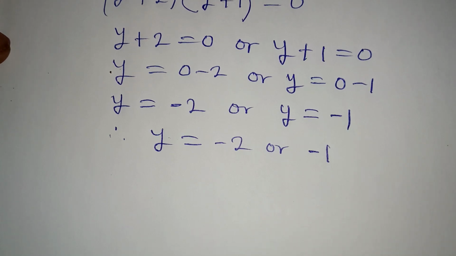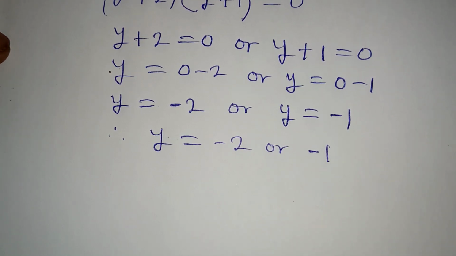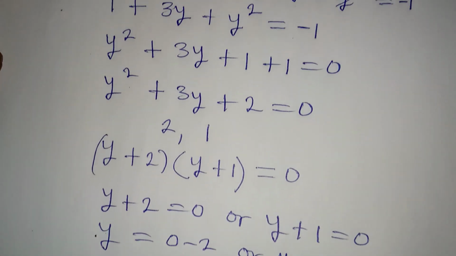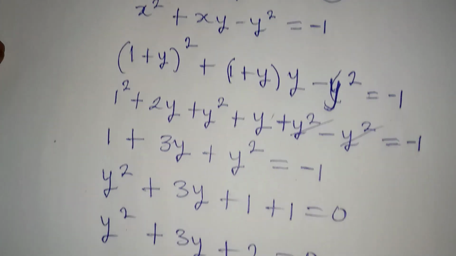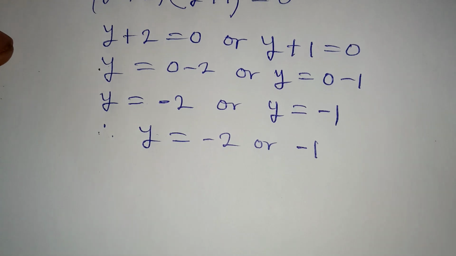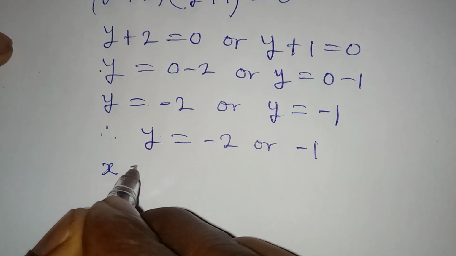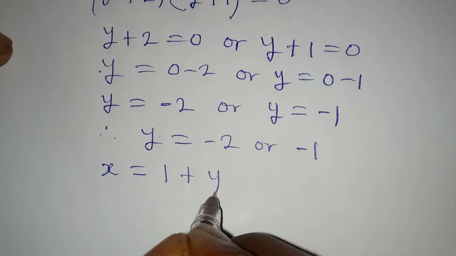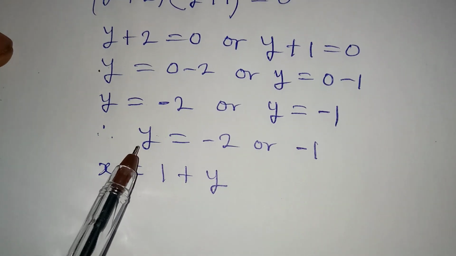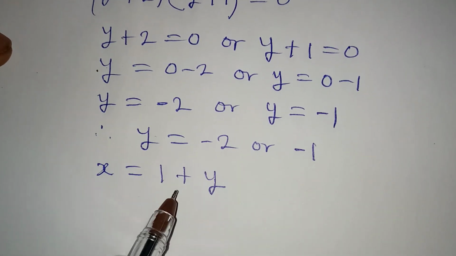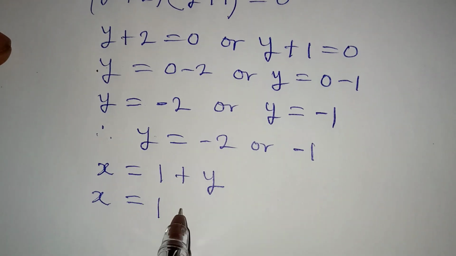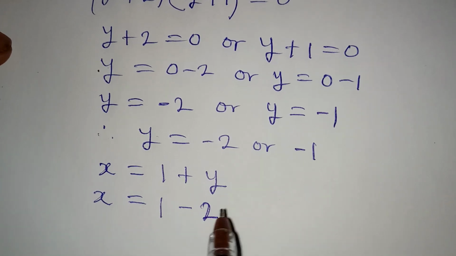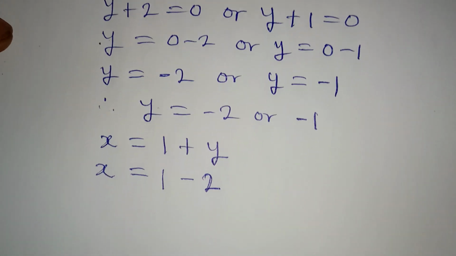But then let us get our value of x. Remember when I said we'll use our equation 3 again. Our equation 3 is x equal to 1 plus y. So let's go back there. We have x equal to 1 plus y. And now that we get y to be equal to -2, put it here so that we have x equal to 1 minus 2, because in place of y, we are writing -2 now.